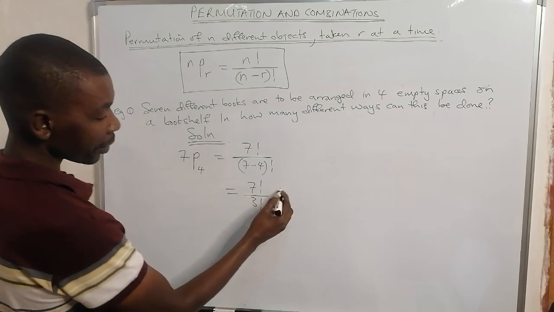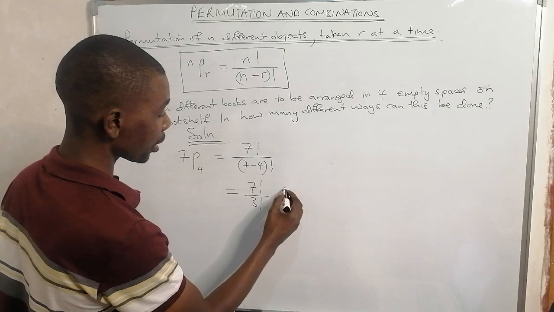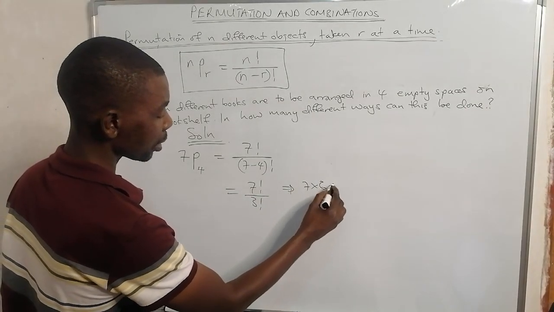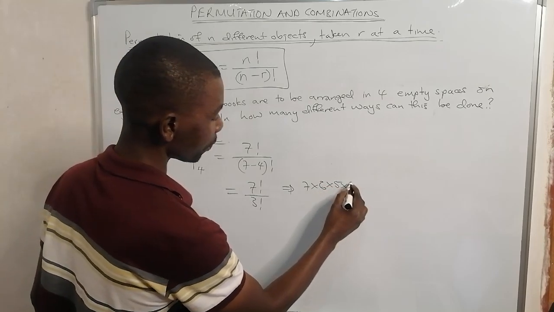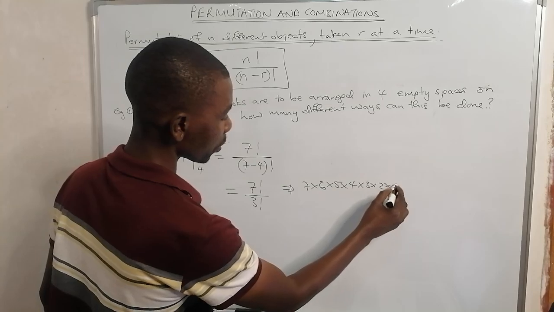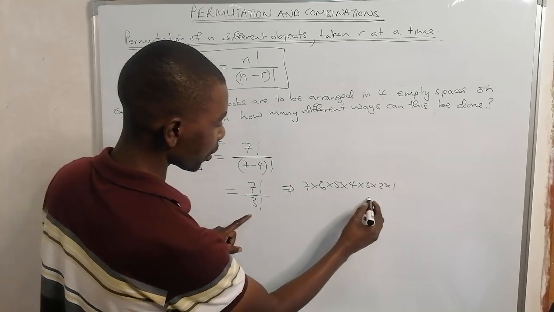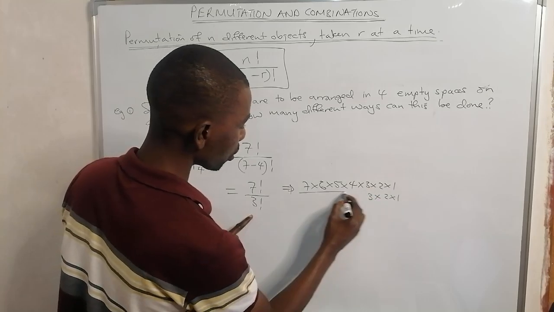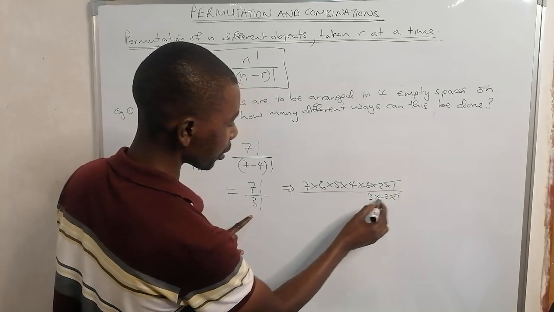Remember, 7 factorial is the same as 7 times 6 times 5 times 4 times 3 times 2 times 1, and 3 factorial is the same as 3 times 2 times 1. So we are going to divide these.